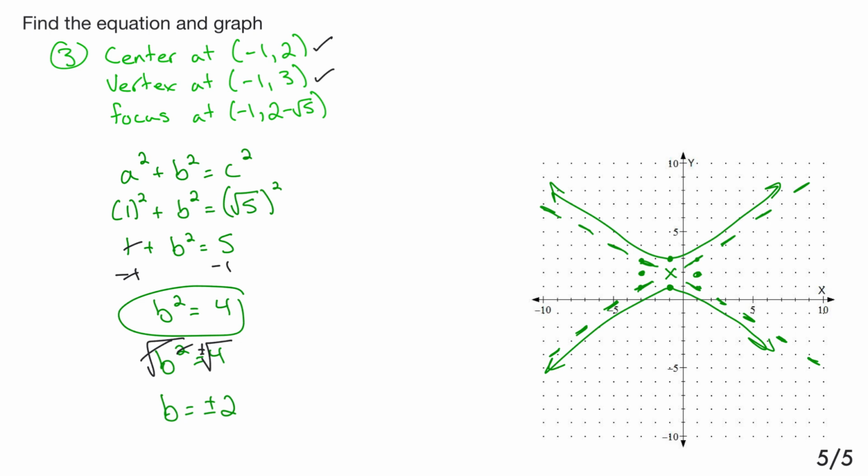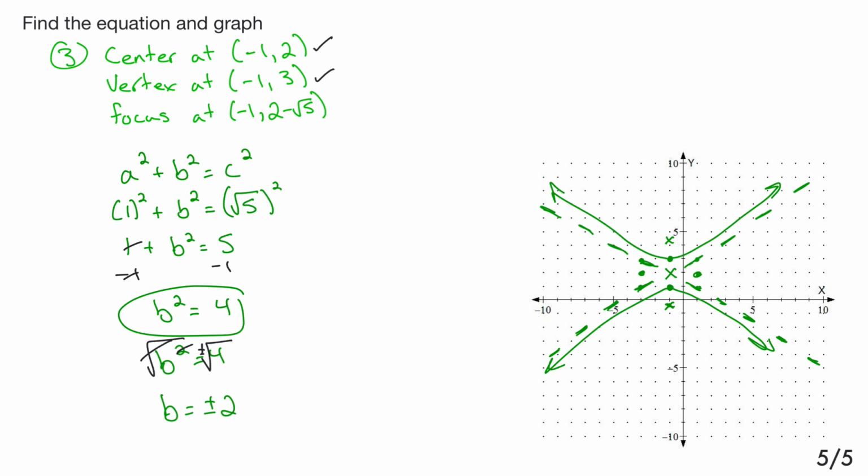I know that my focal point is going to be left 1, and then my y value is going to be 2 minus root 5, which is approximately -0.24, which is right around here. So that means the next one's going to be right around here. And now my graph is complete, but now we should, again, finish our backwards mapping and write the equation.